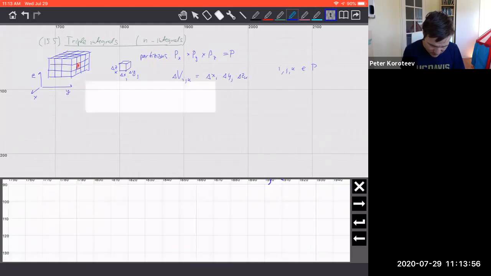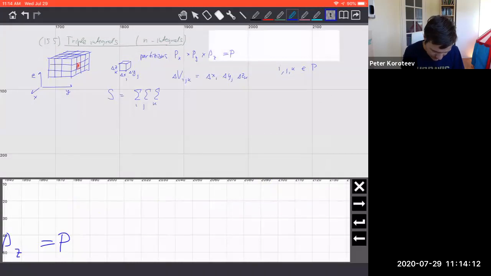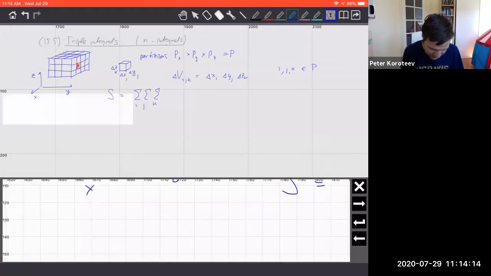And then we compose the triple Riemann sum. Before we do so, say there's a function of 3 variables, which, for simplicity, let's say is continuous.